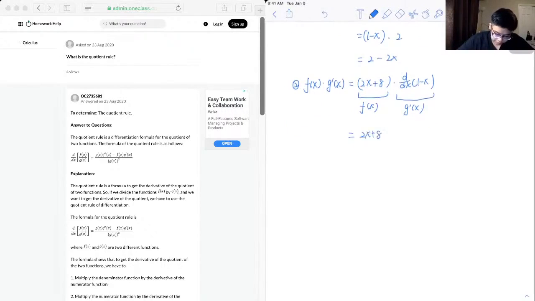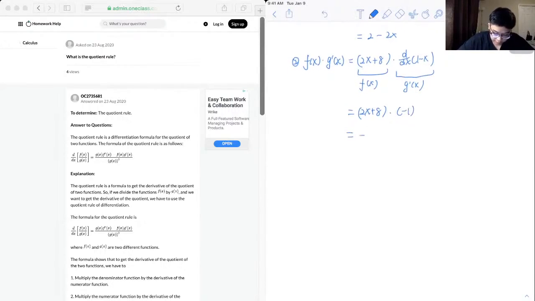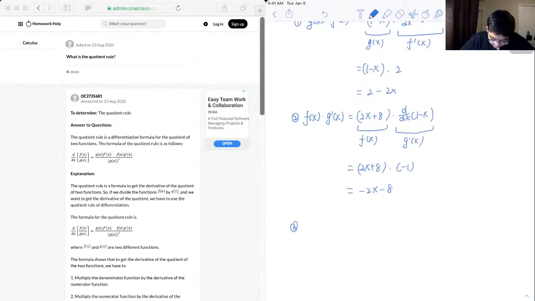So 2x plus 8 times the derivative of 1 minus x, which is just negative 1, so our answer will be negative 2x minus 8.